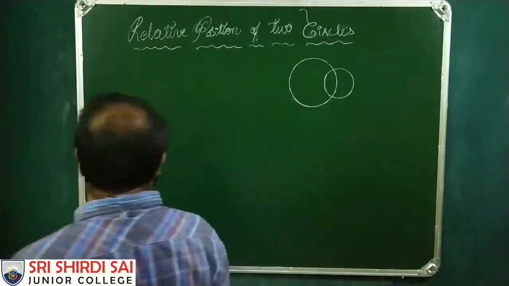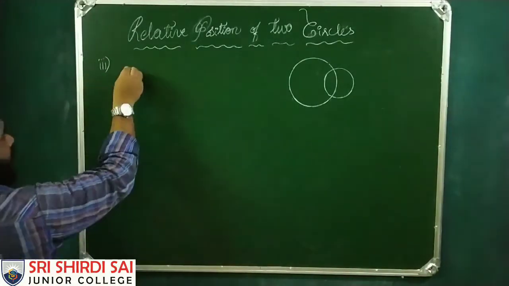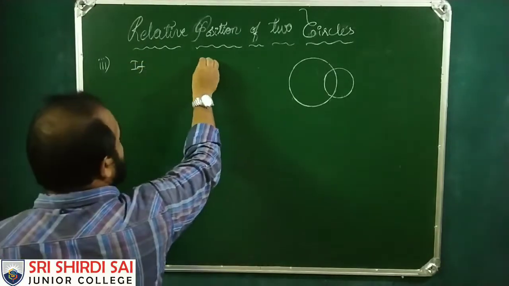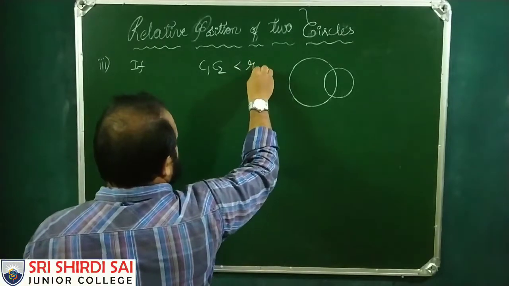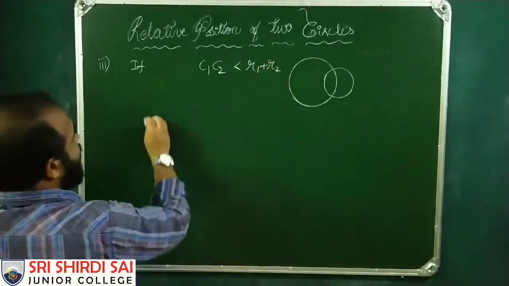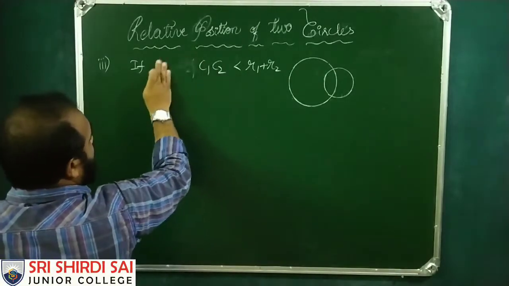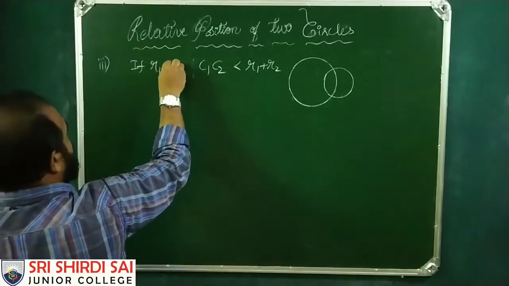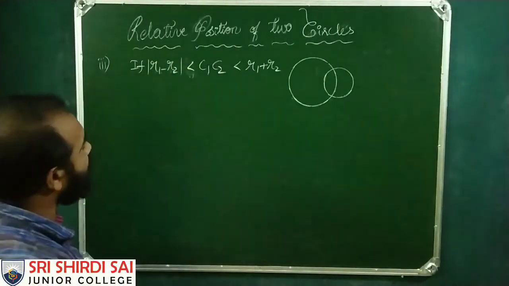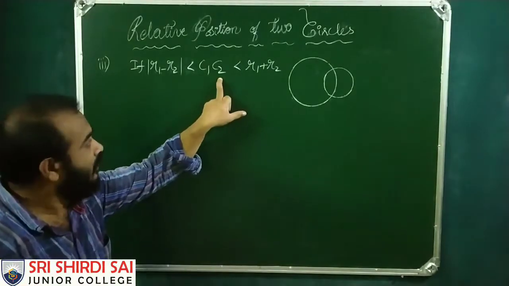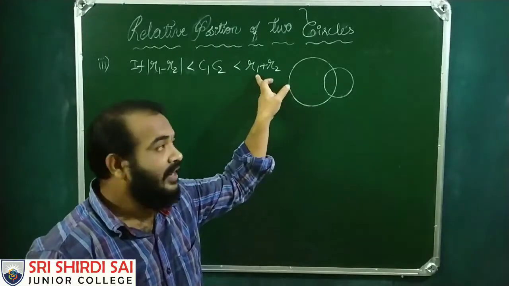So the next relative position is if C1 C2 is lying in between the modulus of R1 minus R2 and R1 plus R2. That is, C1 C2 is lying in between the difference of radii and the summation of radii.